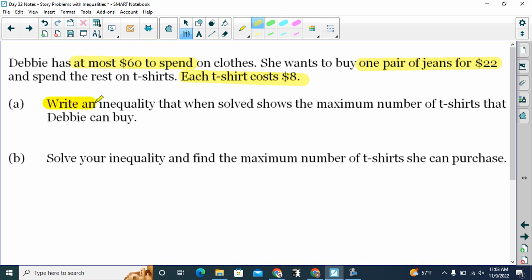In part A, we need to write an inequality that shows the maximum number of t-shirts she can buy. So Debbie has at most $60 to spend on clothes.